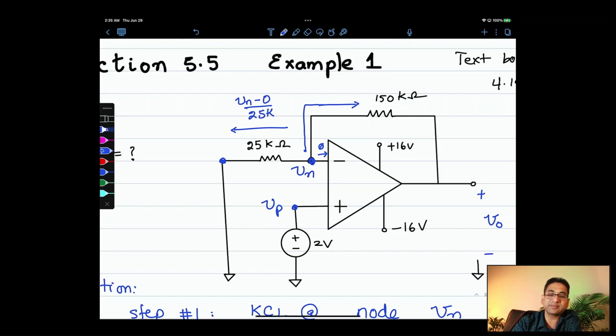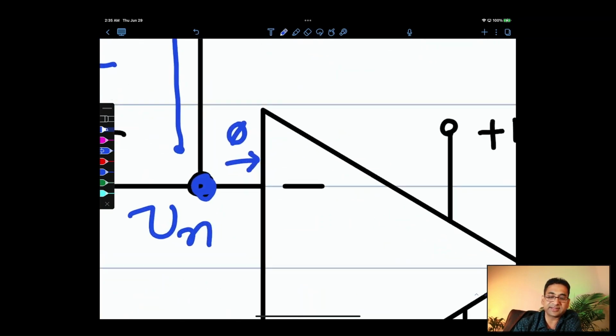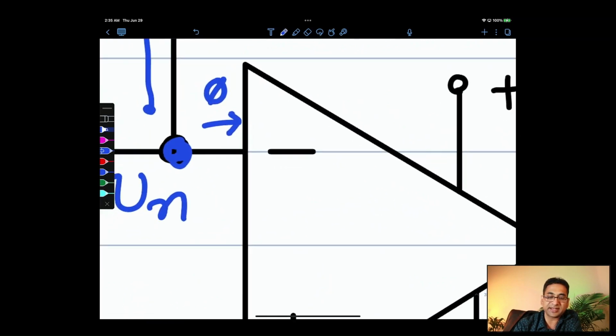The current in this branch is from Vn to Vo by 150k. And the current in this little branch is 0.